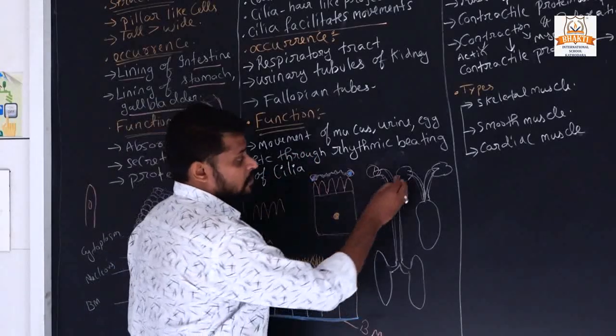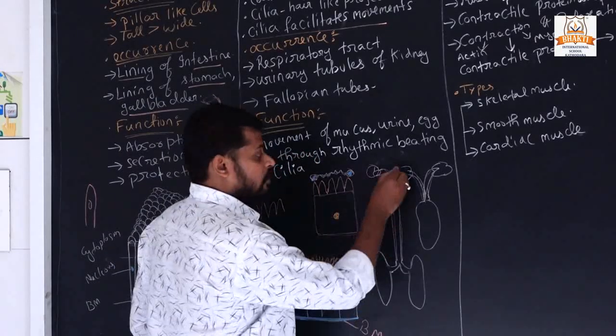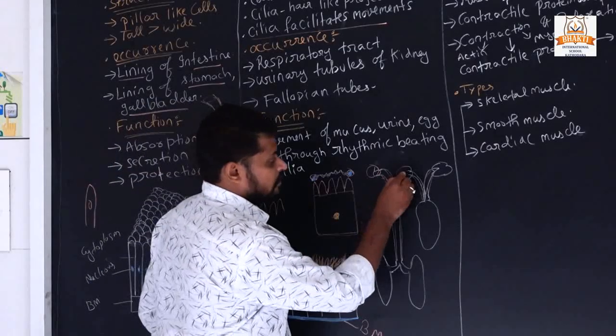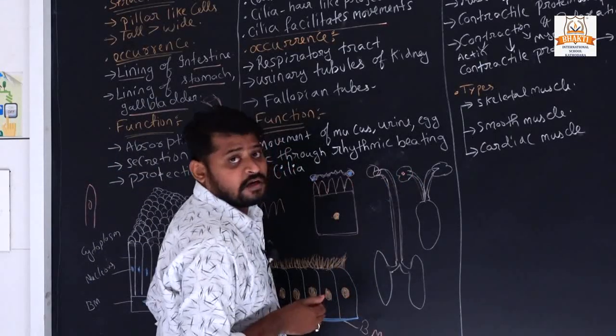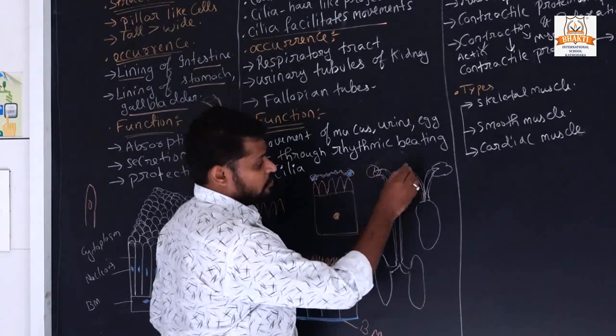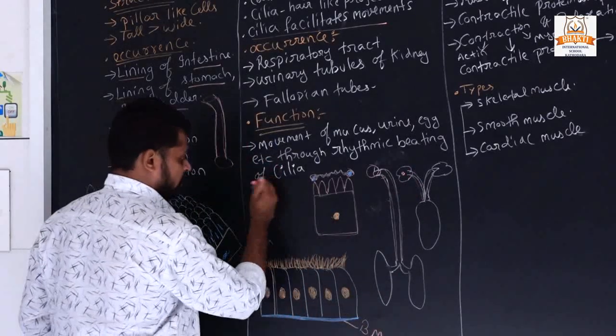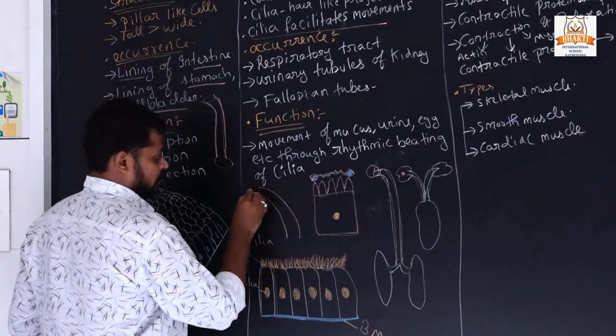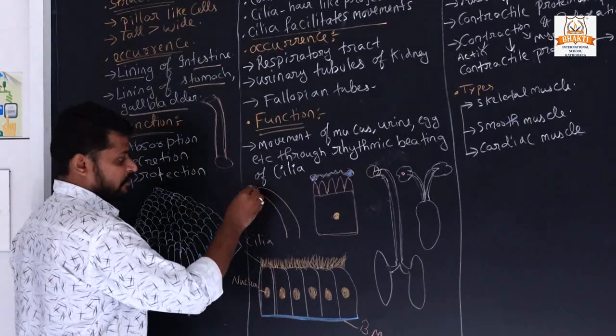How the egg? Now see, this is the ovary where eggs are present. Here the ciliated epithelial tissue is present. So you will see clearly, here is the ovary and the egg is present here.